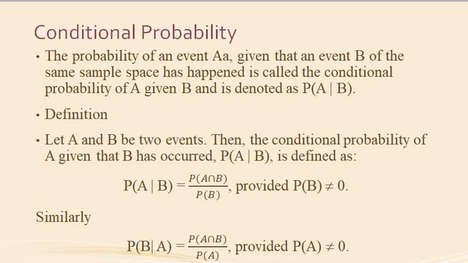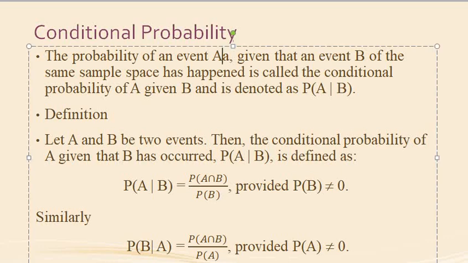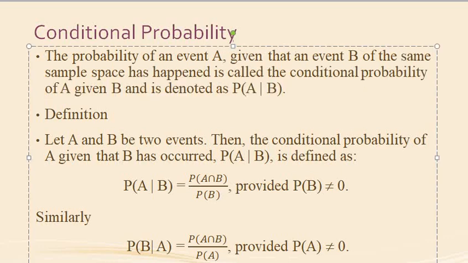Now next one is the conditional probability. The conditional probability of an event A, given that an event B of the same sample space has happened, is denoted by P of A given B. This occurs when the first event happens and only after the second one happens.